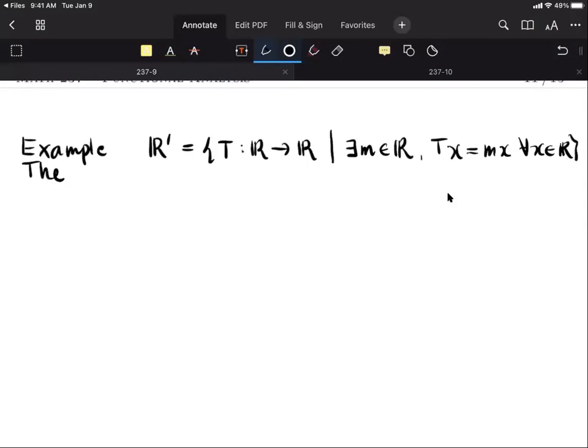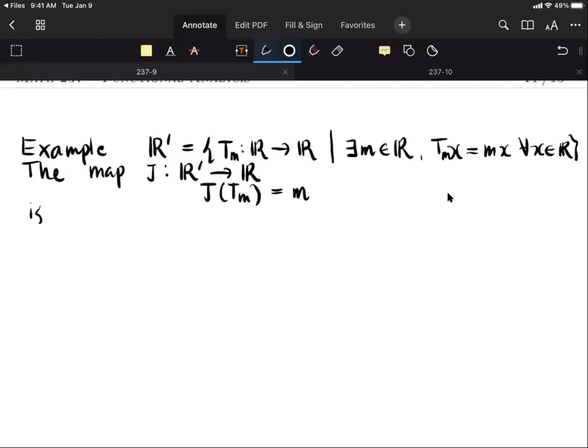So from here, one can easily check that the map, say, J from R prime into R defined as follows: J of T sub m is equal to m.